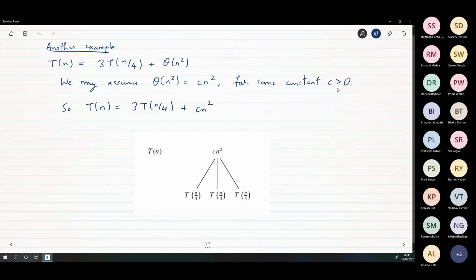So this is the first step. You will replace the theta term with this constant times whatever the function is. That will make it easier to solve it. So what you have to solve now is t of n is equal to 3 times t of n by 4 plus c n squared.